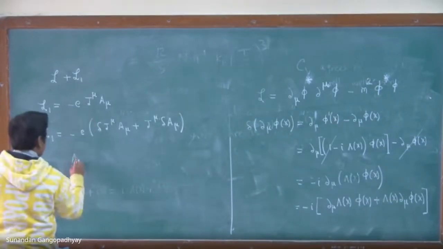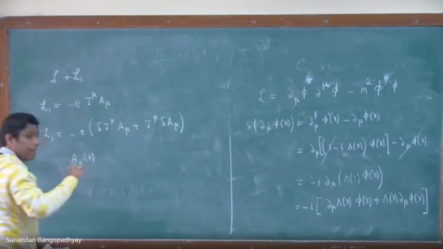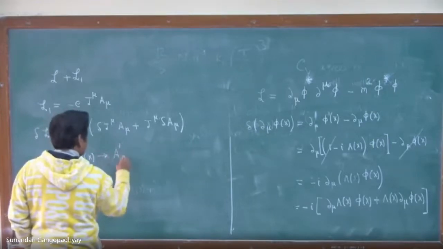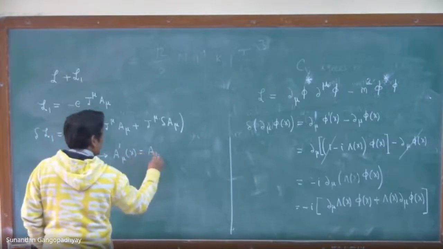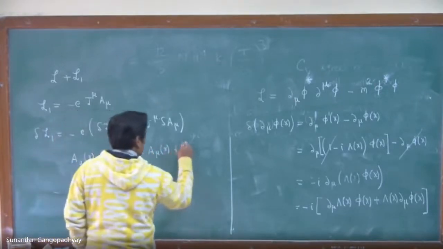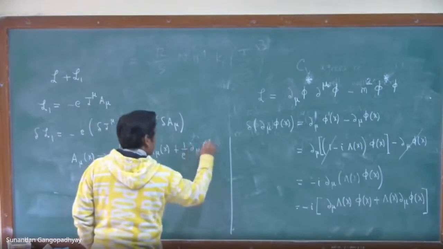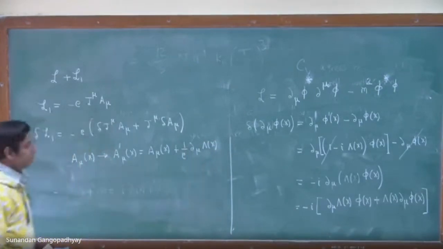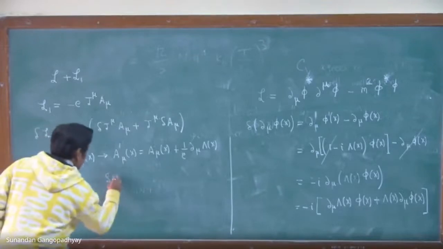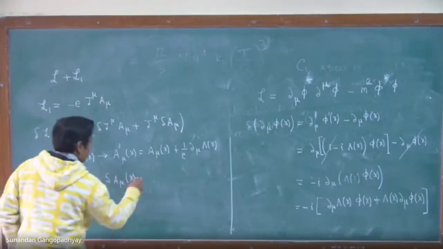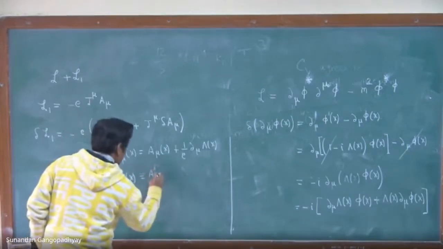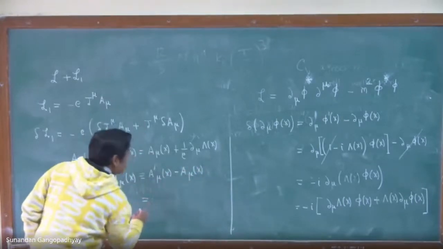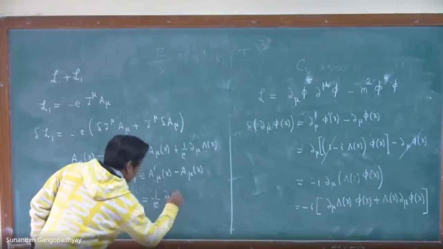We say that A mu of x under that transformation transforms like A prime mu of x, that is equal to A mu of x plus 1 by e del mu lambda of x. So the new field that we have introduced, we are saying that it transforms in this way. So the change in A mu under the transformation that we have given is defined as A prime mu of x minus A mu of x, that is equal to 1 by e del mu lambda of x.